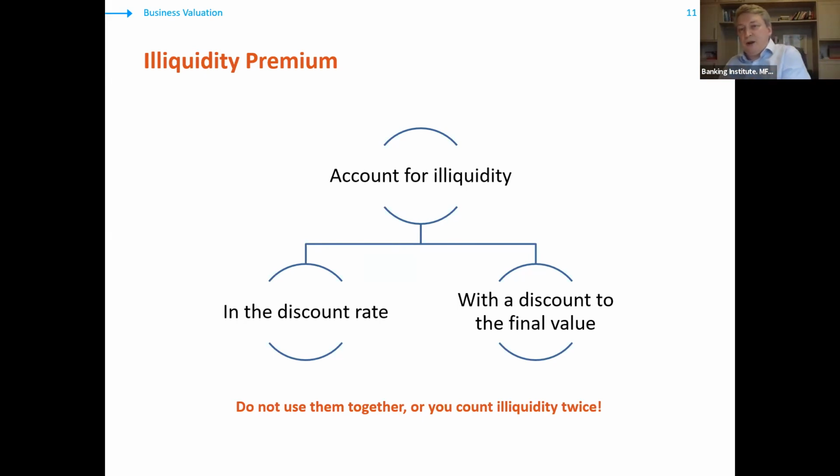So because it's a private company, it must have a discount rate 2-3% higher than for a public company. Or you can subtract your illiquidity premium from the value of the company. In this case, we apply the public company discount rate or public company multiple in relative valuation, and then subtract this 20-30% from the final result.